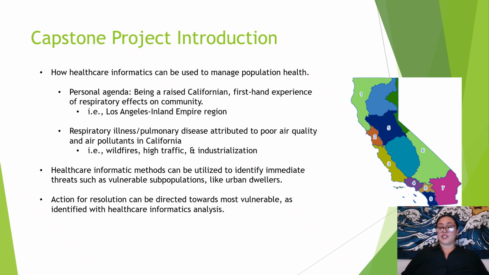Vulnerable populations include those who live in urban cities. There's action for a resolution to mitigate these public health concerns, and these actions can be directed towards the more vulnerable populations, which are identified with the use of healthcare informatics.